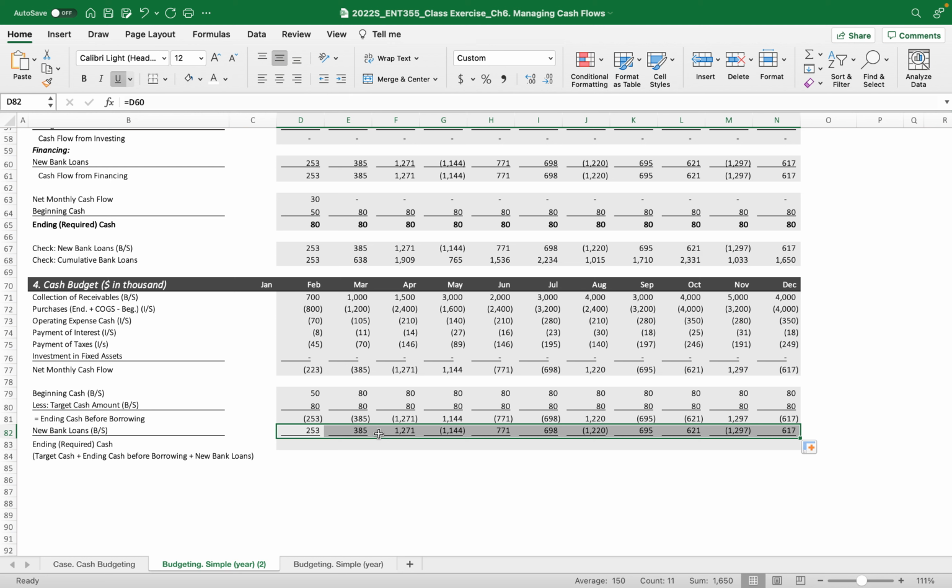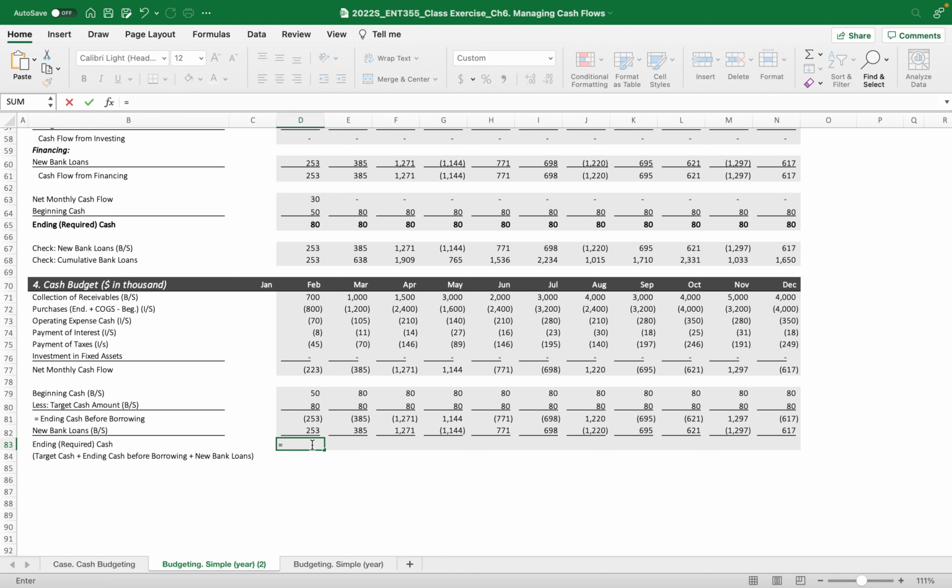Then finally, the ending required cash to double check is the target cash amount plus the ending cash before borrowing and the new bank loan. It must be 80, right? Finally, we created a cash budget.